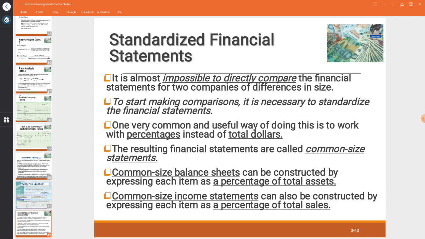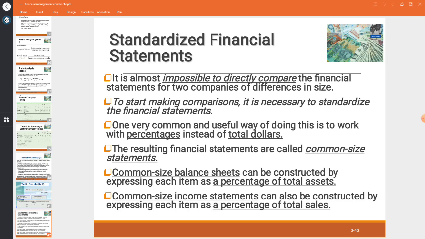One very common way is to convert our balance sheet from its normal form to a standardized one. If we convert it to a standardized one, we refer to it as a common size balance sheet. What is a common size balance sheet?